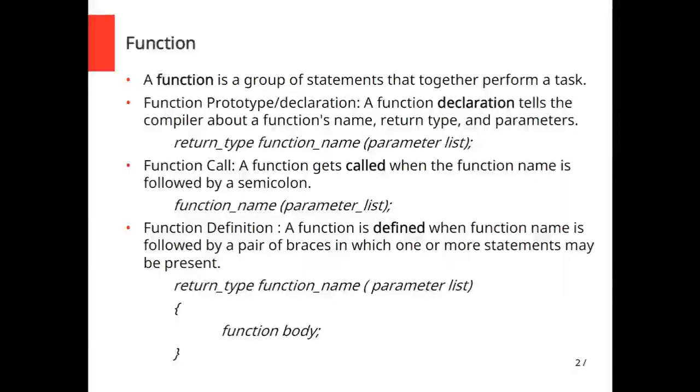Here we say, logically, this is what the function is going to do, and the actual implementation of the function is provided here. The general format is return type, then the function name, and we provide the formal parameter list. Then open the braces, inside we provide the programming statements, and then close the braces.